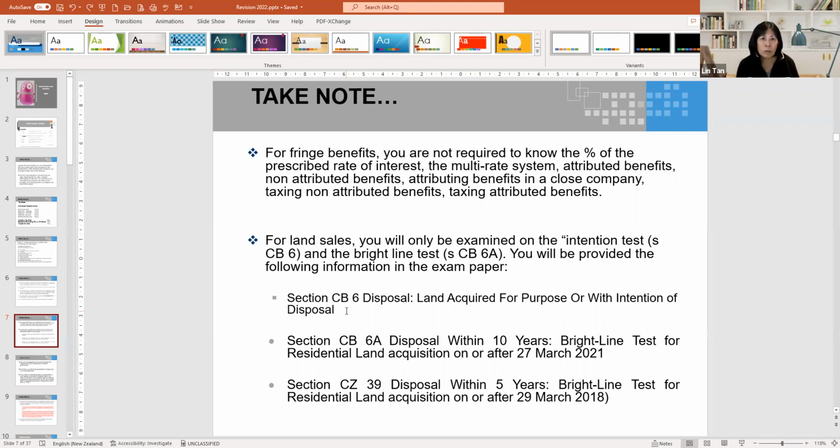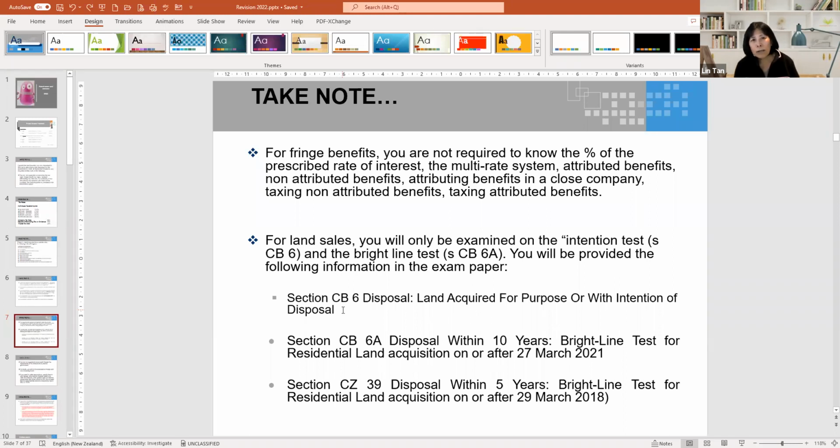If you forgot what section CB6 is all about, go to the reference document and it will explain to you what section CB6 is, right? It is a section that looks at whether the land is acquired for the purpose or intention of disposal, because if it is, the income from disposal is taxed under section CB6.